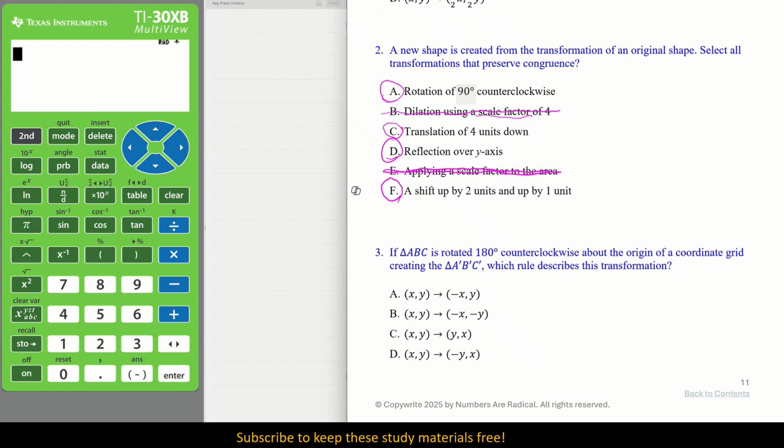If triangle ABC is rotated 180 degrees counterclockwise about the origin of a coordinate grid, creating the triangle A'B'C', which rule describes the transformation? Thing about 180 degrees, you're not switching the position of the x and y.